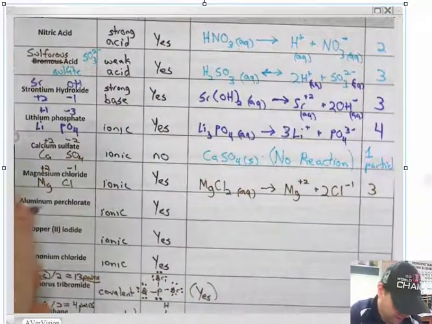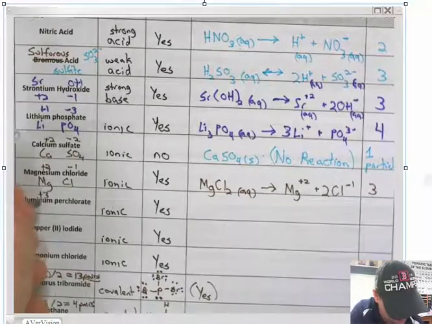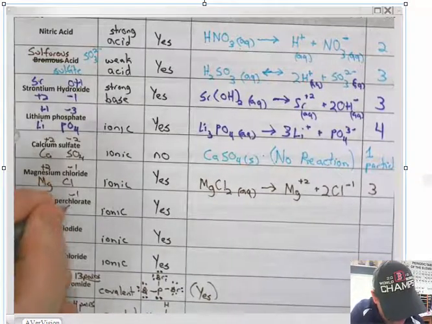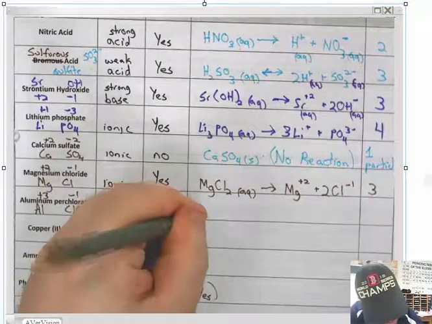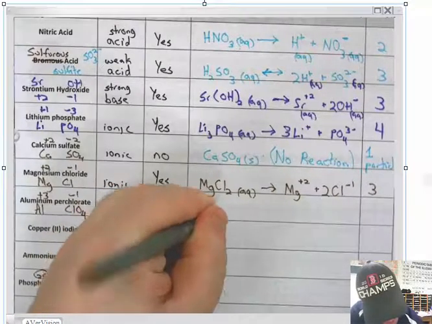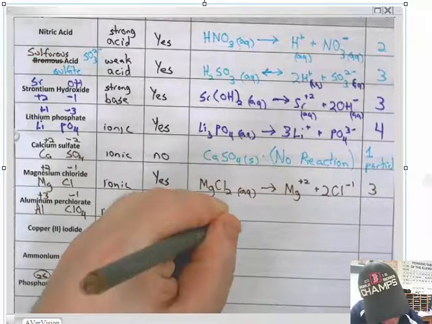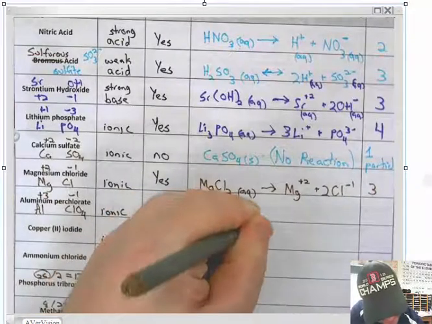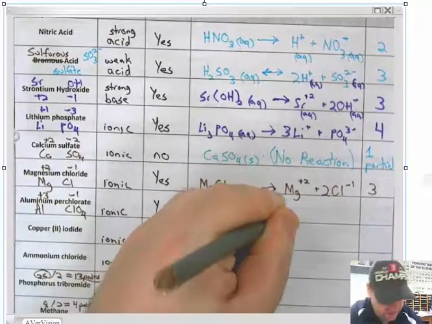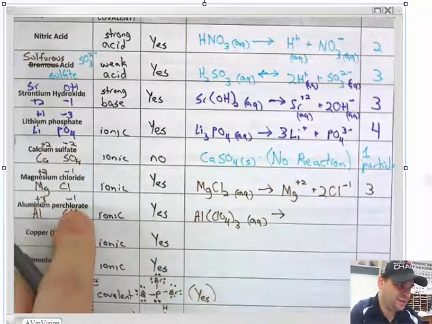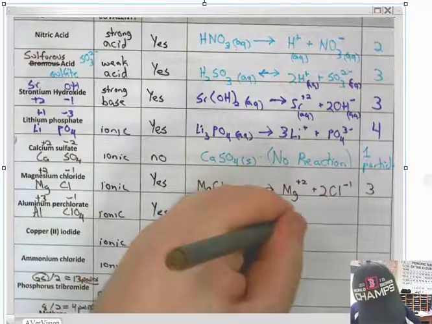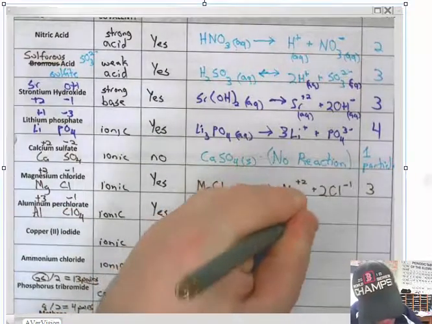Aluminum perchlorate. Aluminum is plus 3, perchlorate is minus 1. ClO4, Al. So this is going to be Al(ClO4)3 aqueous. This is going to break apart into aluminum and perchlorate ions. Aluminum ion is plus 3.